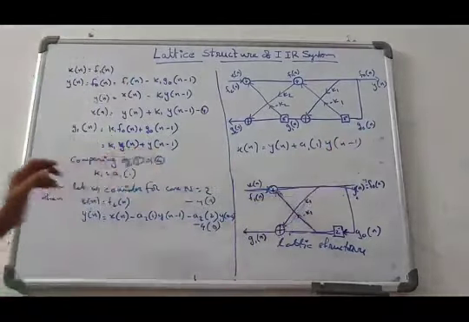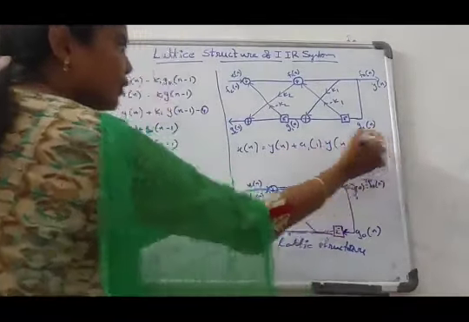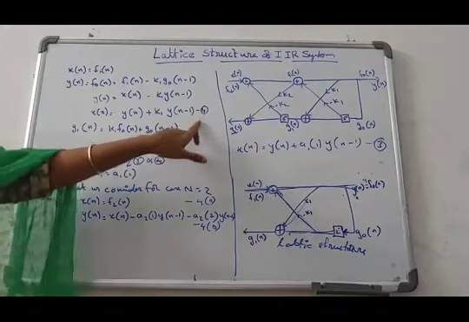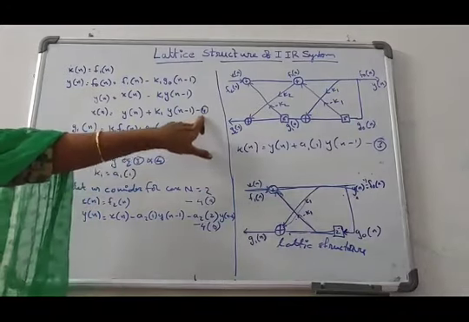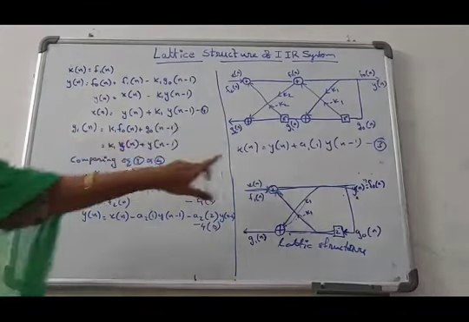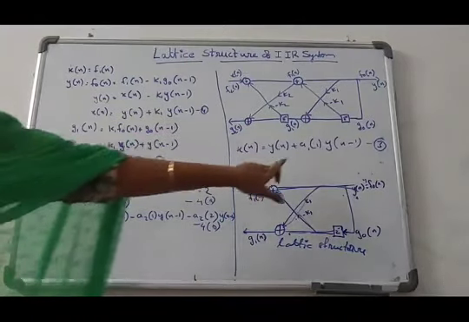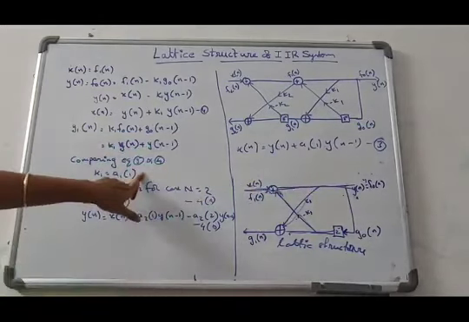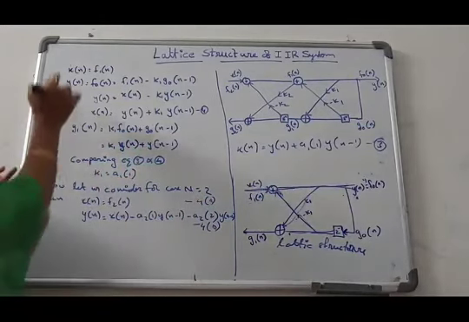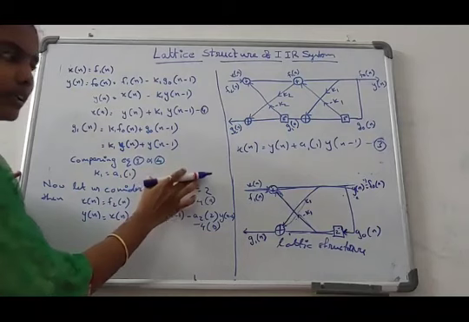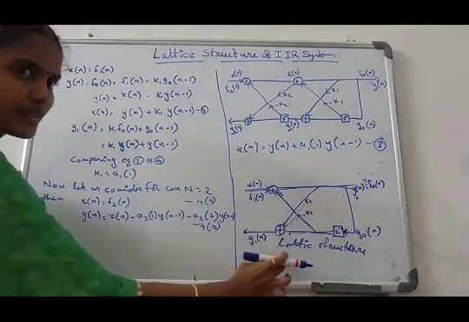So this is equation 3. Now you have to compare equation 3 with this one. You have to equate k1 is equal to a1 of n. So these are for the first order lattice structure.